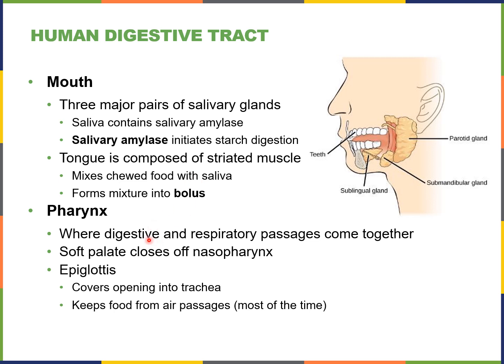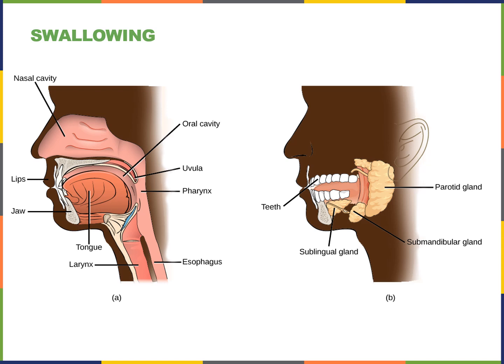But the reason why you say that, right, is because of the pharynx, because you have digestive and respiratory passages coming together, and you have this thing called the epiglottis, and that's what covers the opening into the trachea, which is where air is going through, right? That's getting into the respiratory system. So the epiglottis basically closes off and forces that big bolus of food through the pharynx down into the esophagus.